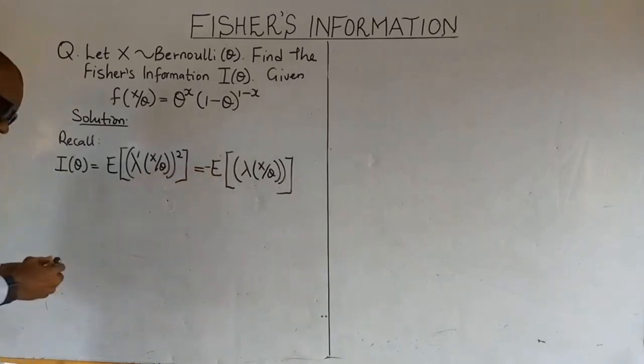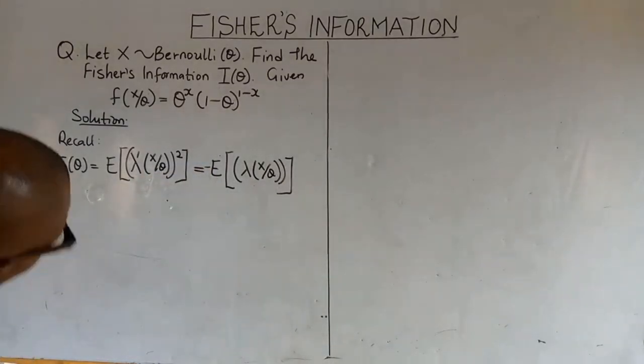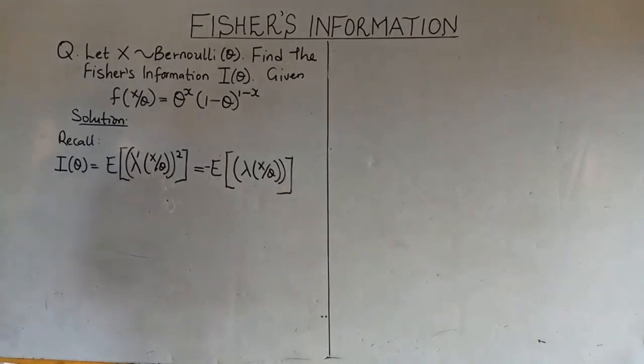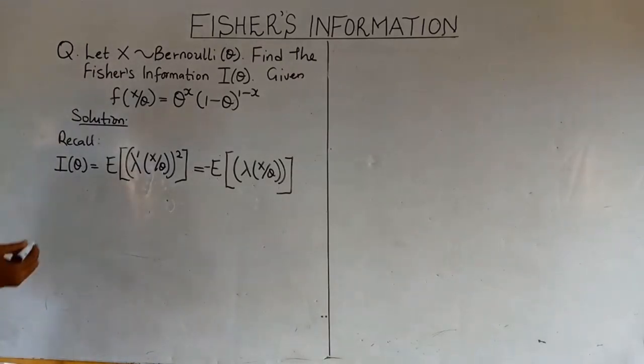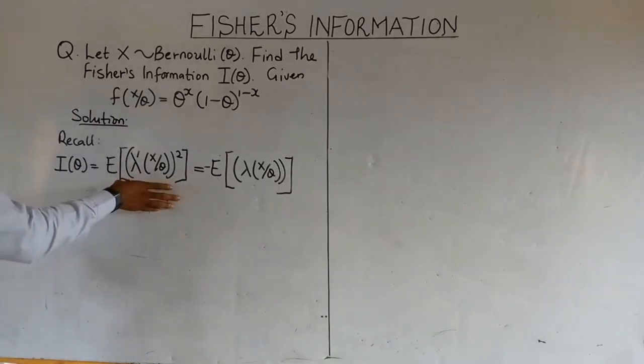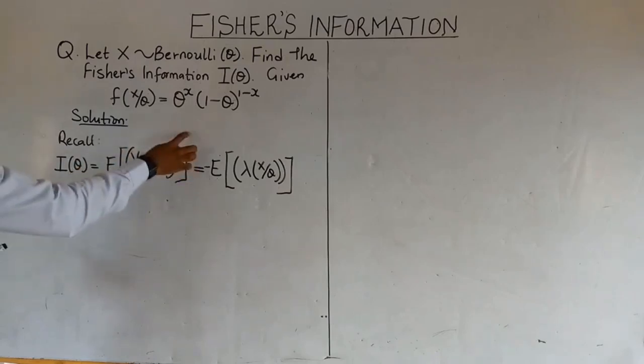So whenever this happens, you solve for your Fisher's information. So the first thing we do is to get the first one.